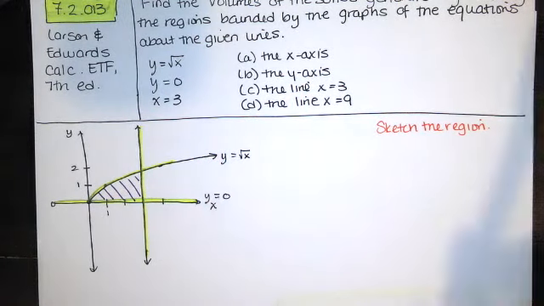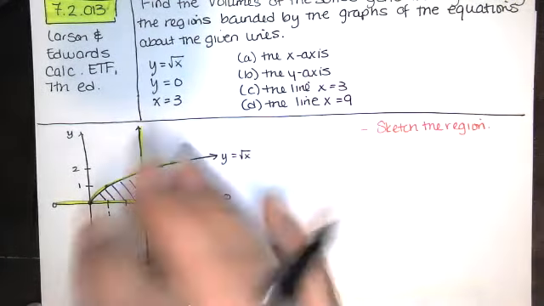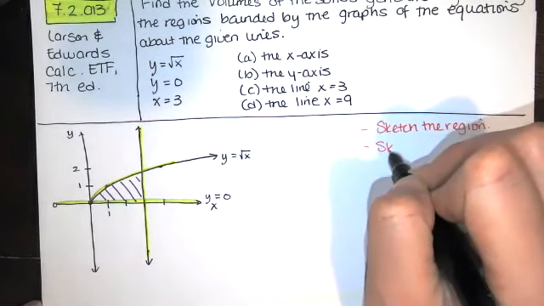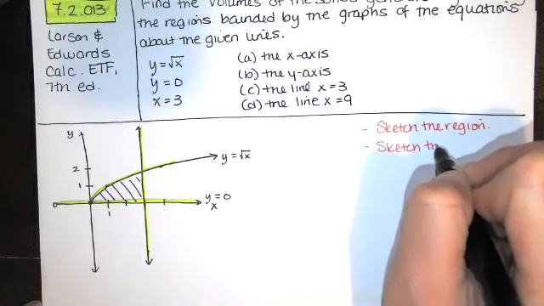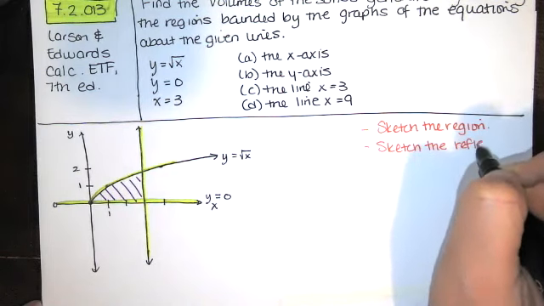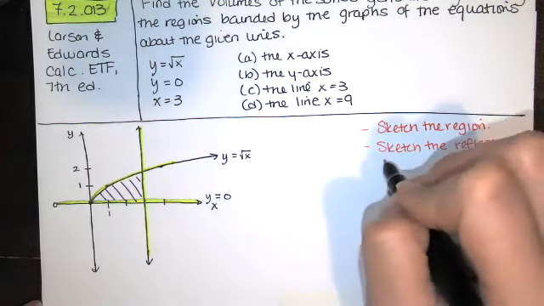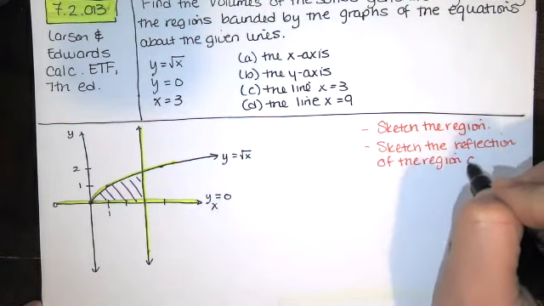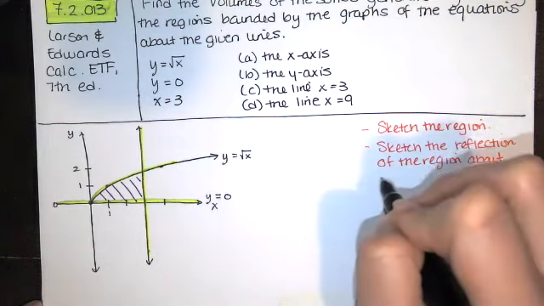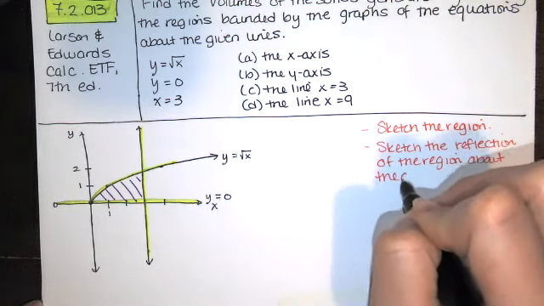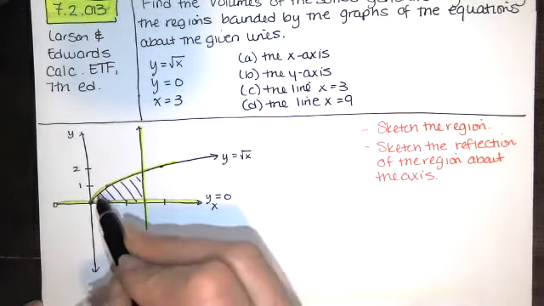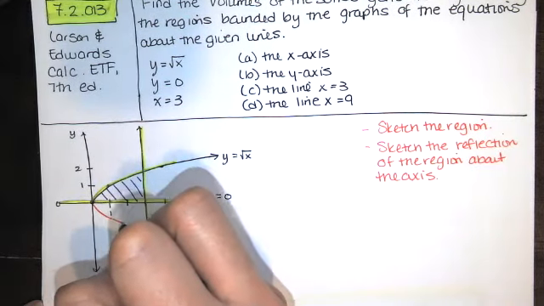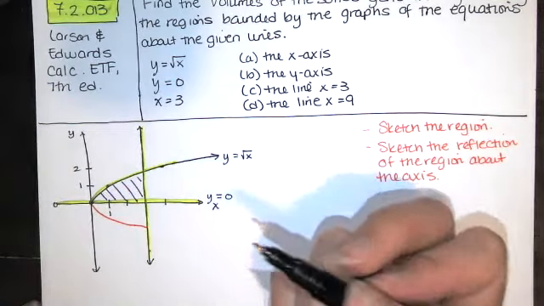So what I would do next is sketch the reflection of the region about that axis. So if we're over here and we revolve it around the axis, what we're going to see is the same sort of shape down here.